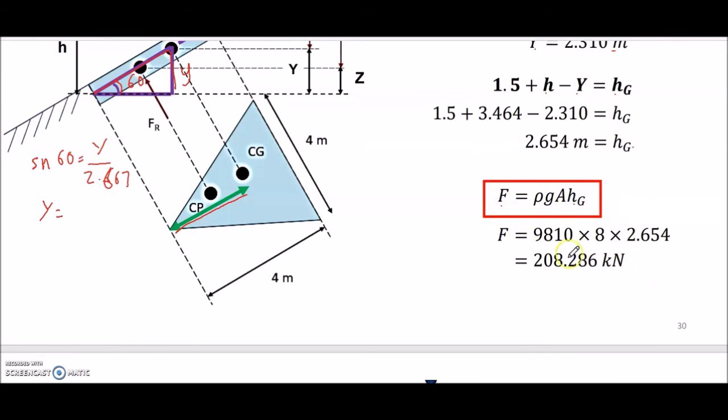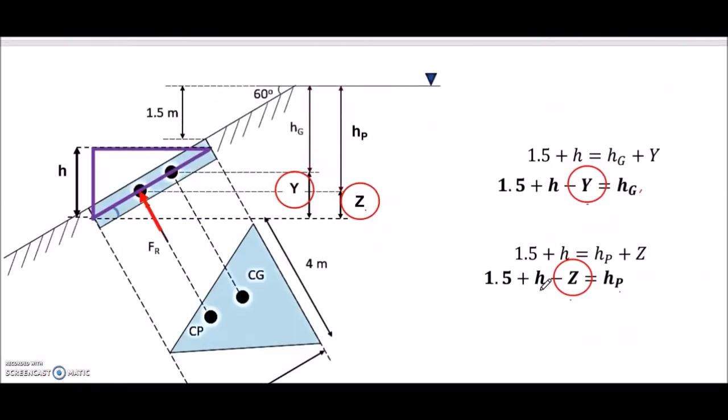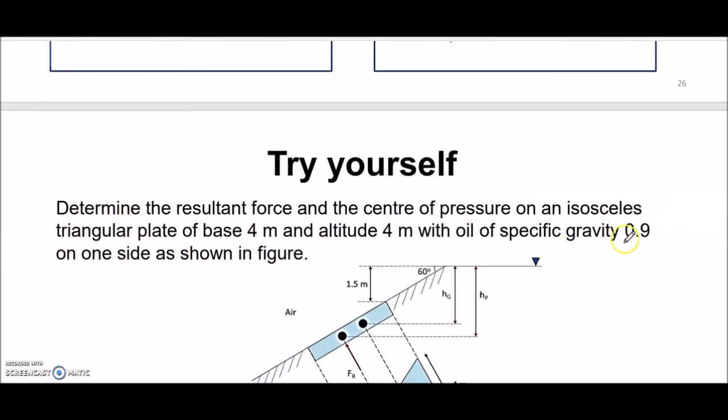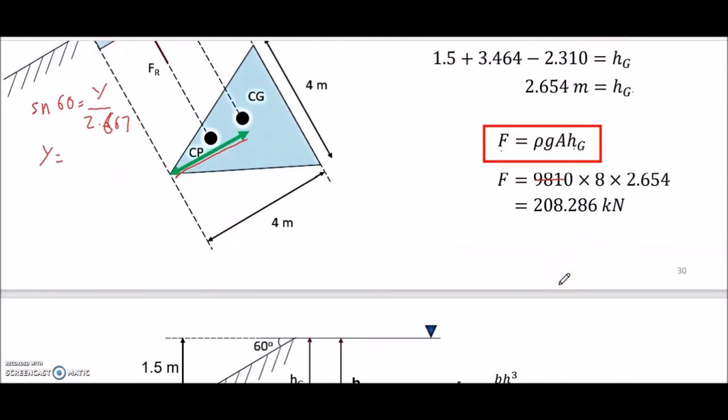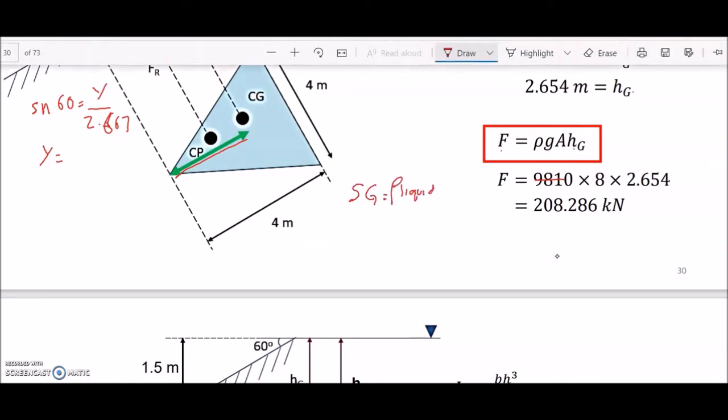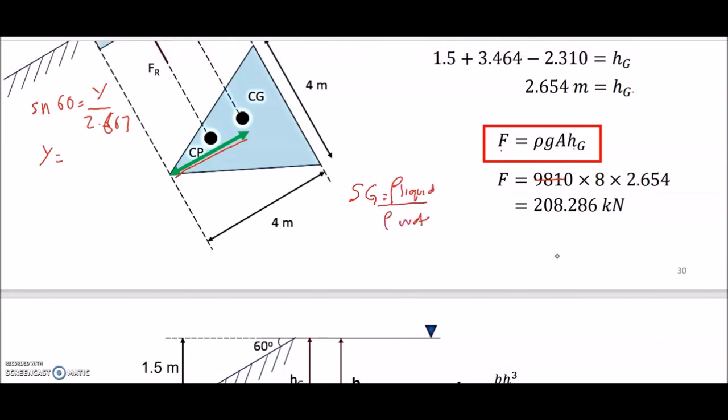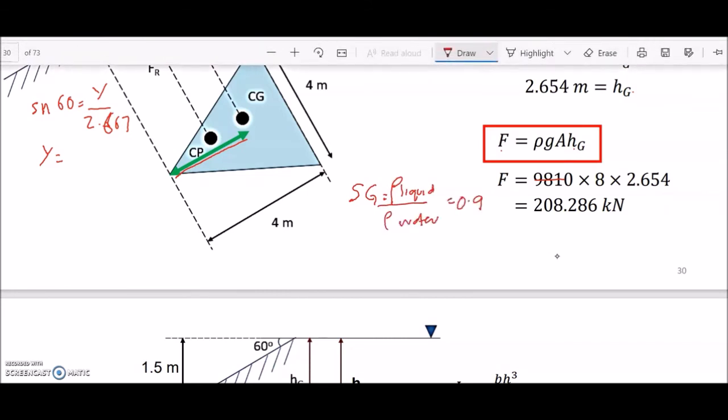So for the force, here we have some correction because it is the oil. So the Sg for oil had been given in the question. The question says that Sg is 0.9. So for oil, how are we going to calculate the density? So Sg is the density of the liquid over the density of water. So it is given 0.9. So the rho of water is 1000.